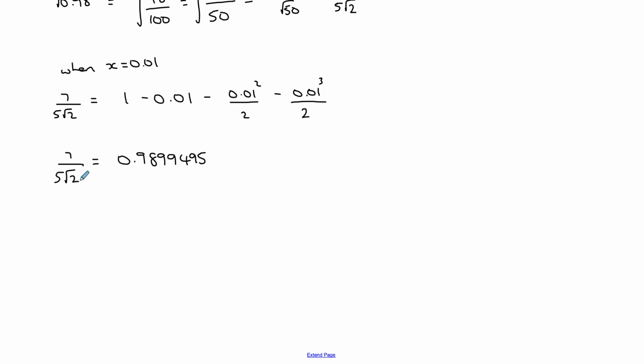The next slight problem is the fact that the root is on the bottom. If I times top and bottom by root 2, let's rationalise that denominator. That's going to be 10.